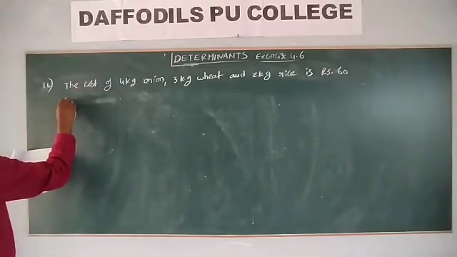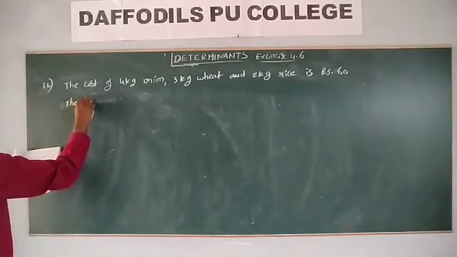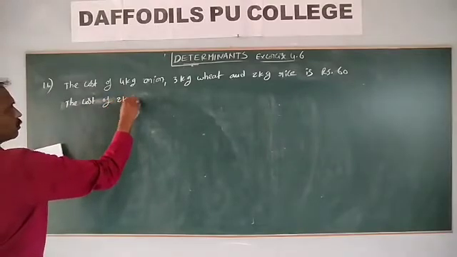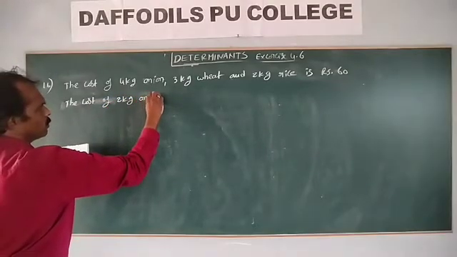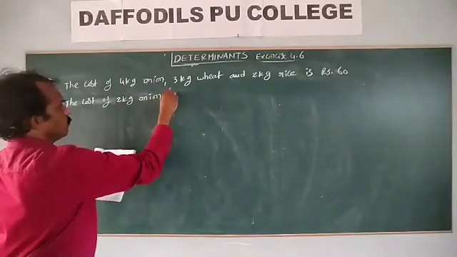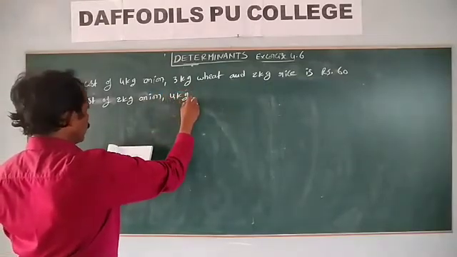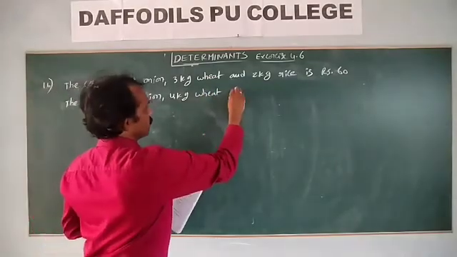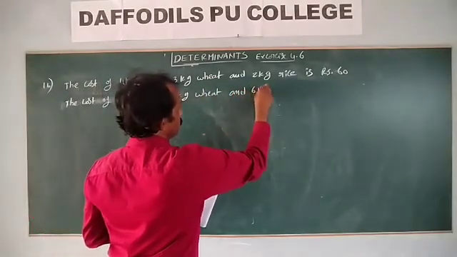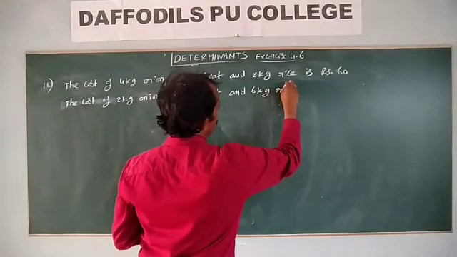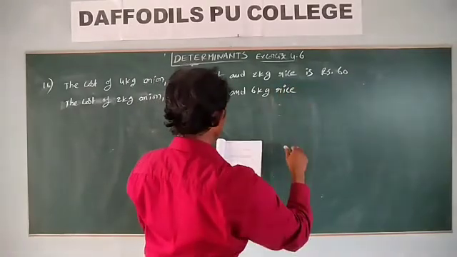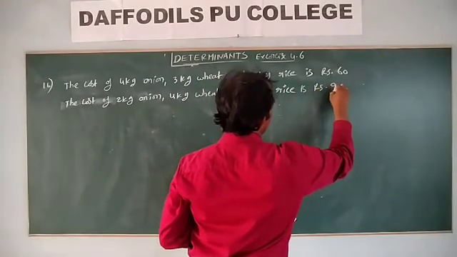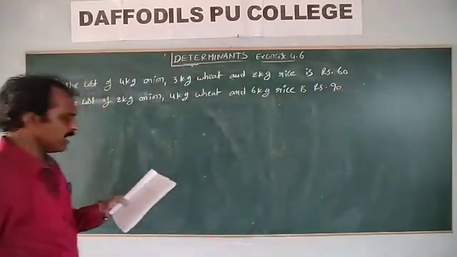Next. Full stop. The cost of 2 kg onion, 4 kg wheat, and 6 kg rice is rupees 90.